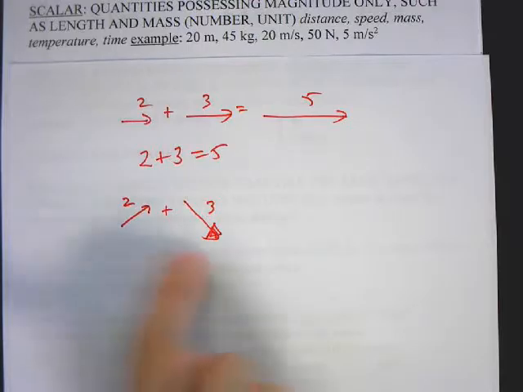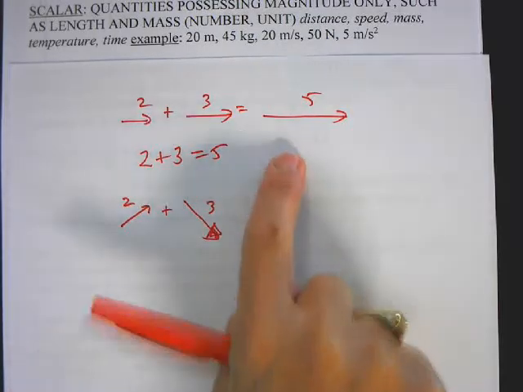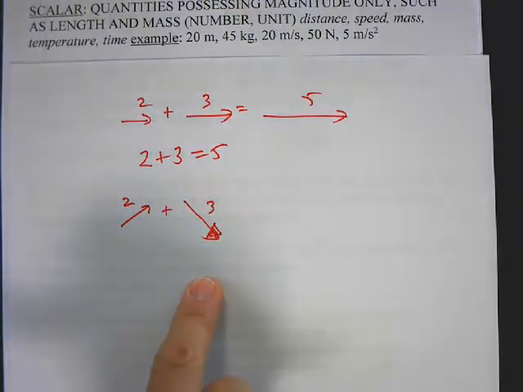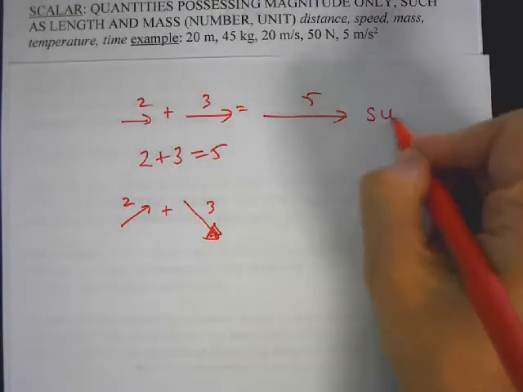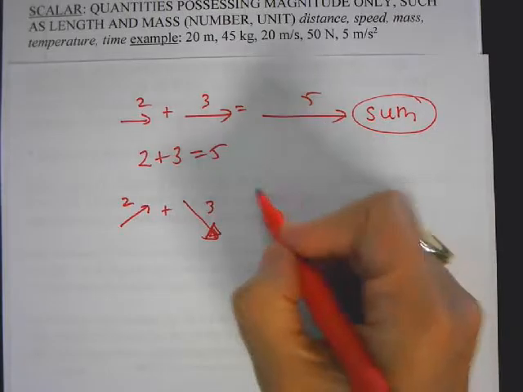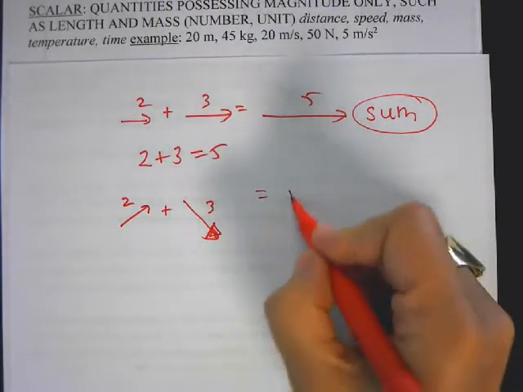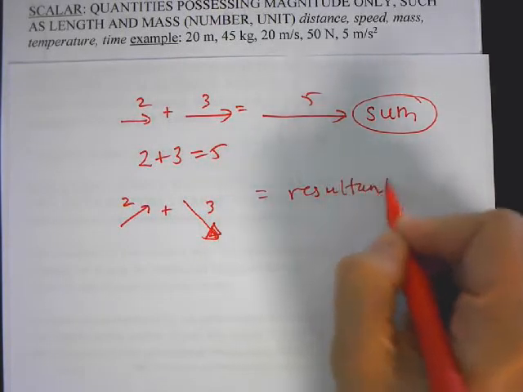When they're going in different directions, I cannot add them algebraically. I have to add them vectorially. When I add things algebraically, I get what's called a sum. When I add things vectorially, and that's how I would add vectors, I get something called a resultant.